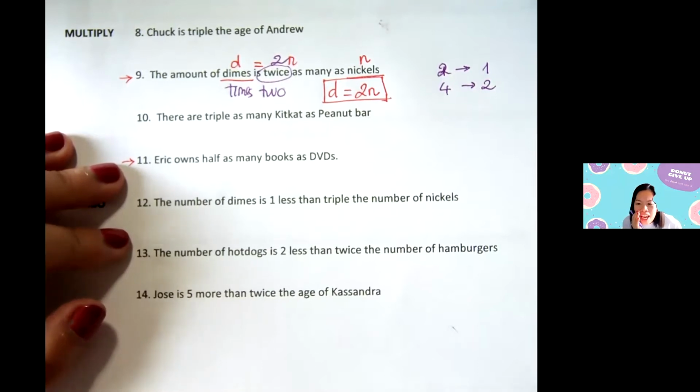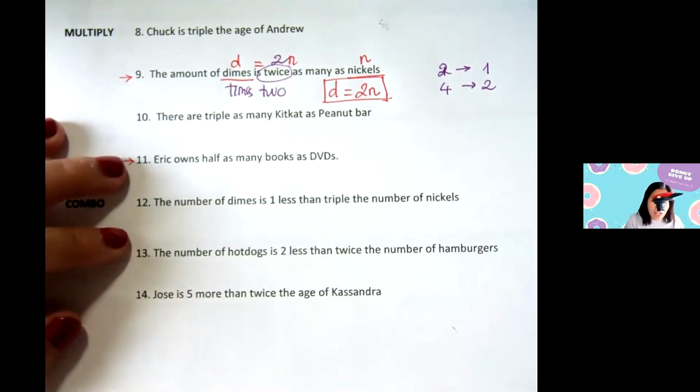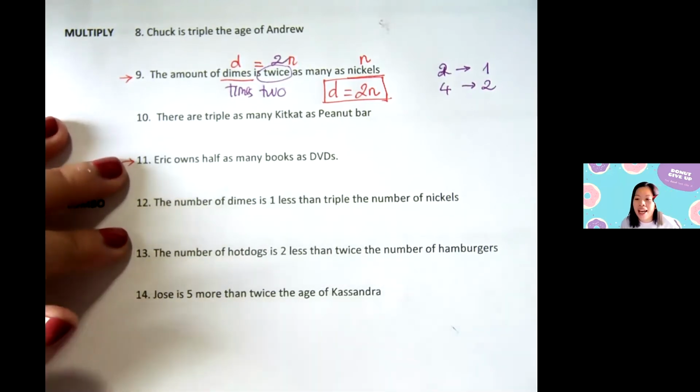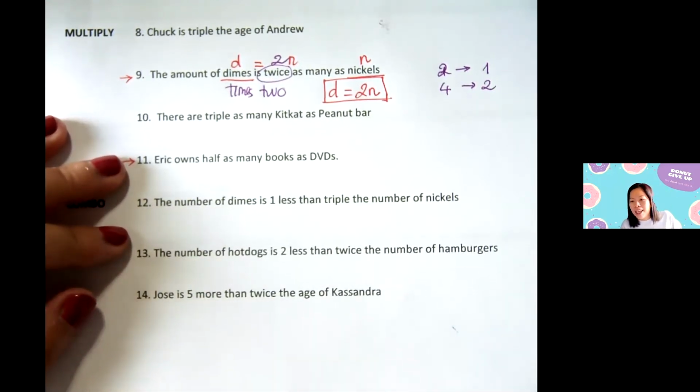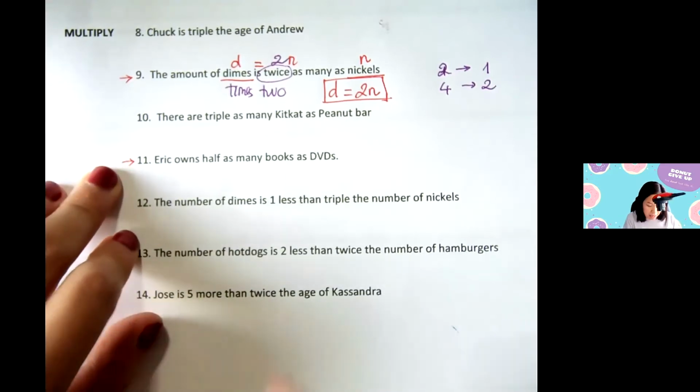Next one. We have number 11. Eric. Okay, every year I have an Eric student and they've been exceptional students, guys. That's why I put the name on the problem too. Eric owns half as many books as DVDs. Let me ask Ms. Perez, would you identify the two variables that we're talking about, please?